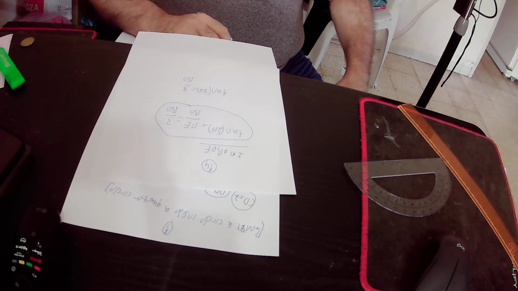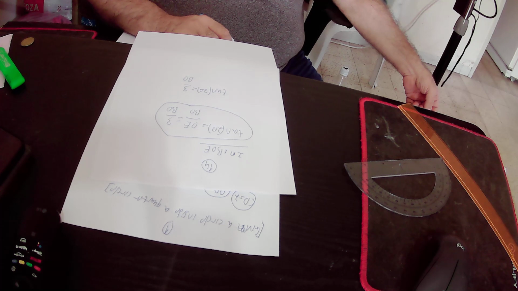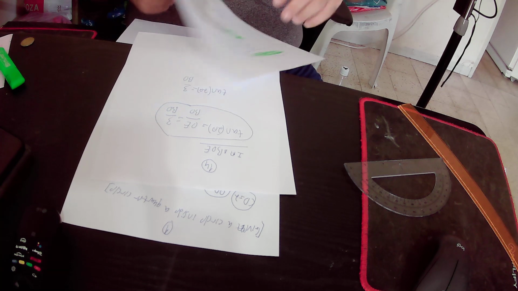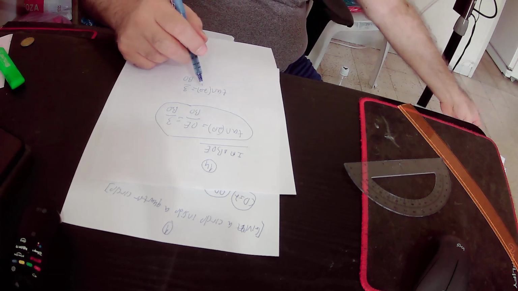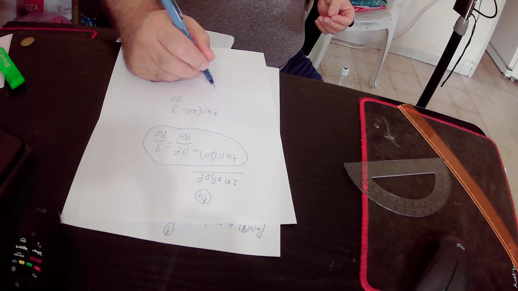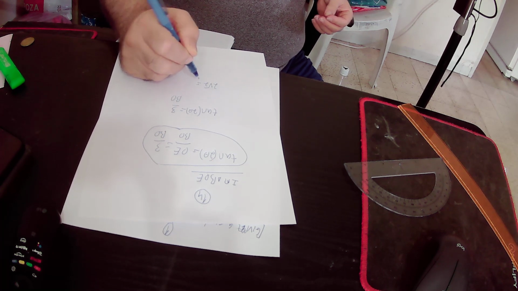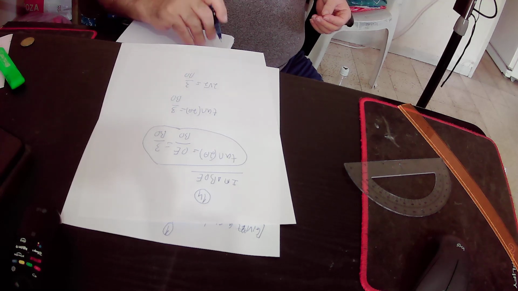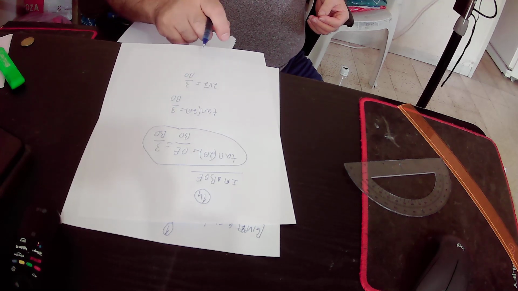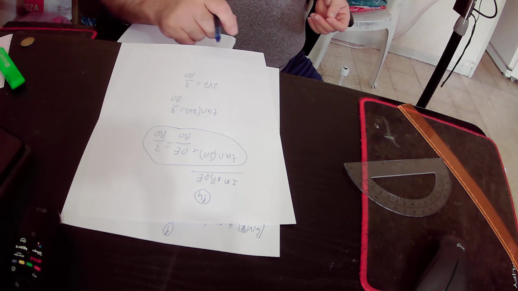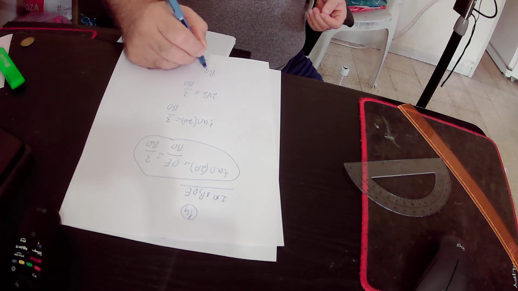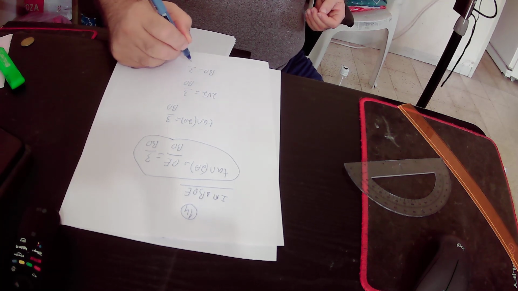But we have already found that tangent 2 theta equals 2 times root 2. So we can substitute tangent 2 theta by 2 times root 2. We will get that 2 times root 2 equals 3 over BO. Here we will multiply this equality by BO, and then divide it by 2 times root 2, and we will get that BO equals 3 over 2 times root 2.